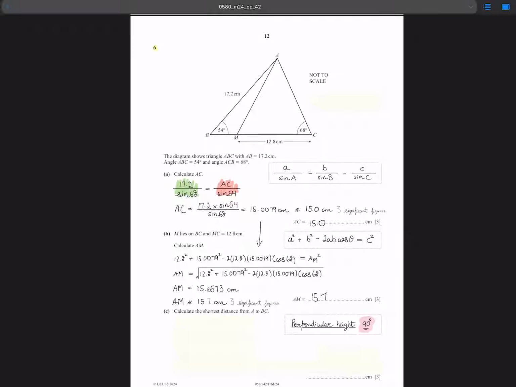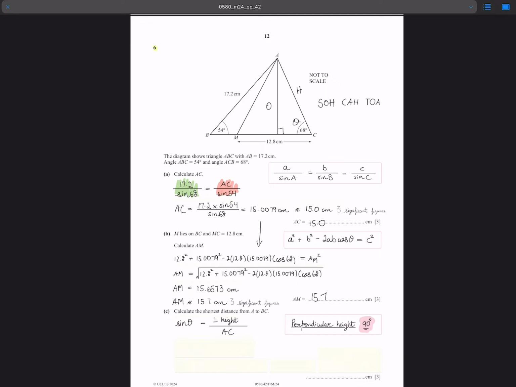And again, perpendicular height, 90 degrees, triangles, without even thinking, you should go back to your SOHCAHTOA, your trigonometry, and we will be using sine, obviously, because we have the length AC, which is our hypotenuse. We have to calculate the perpendicular height, so this would be the opposite. And we will use sine, we have the angle theta.